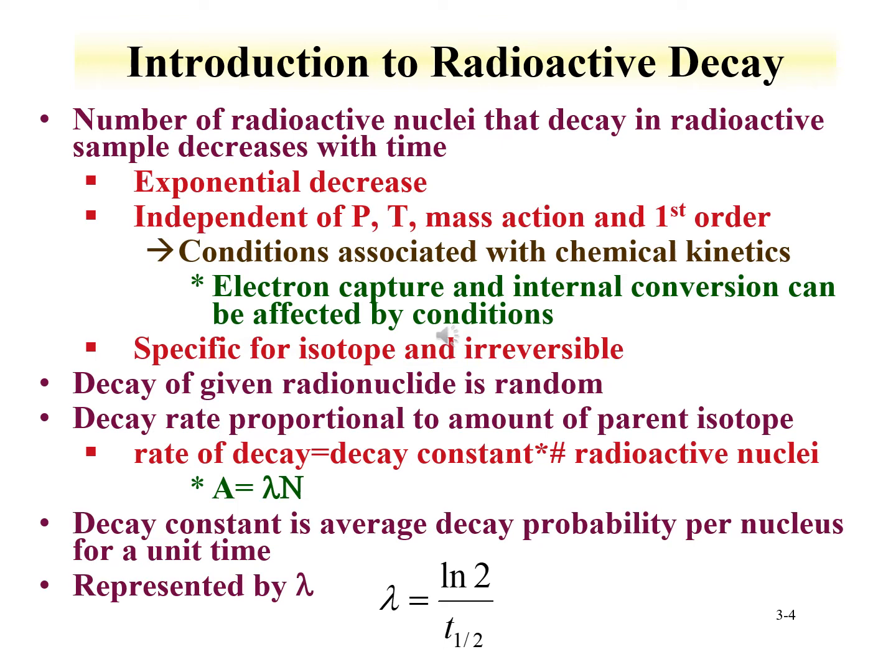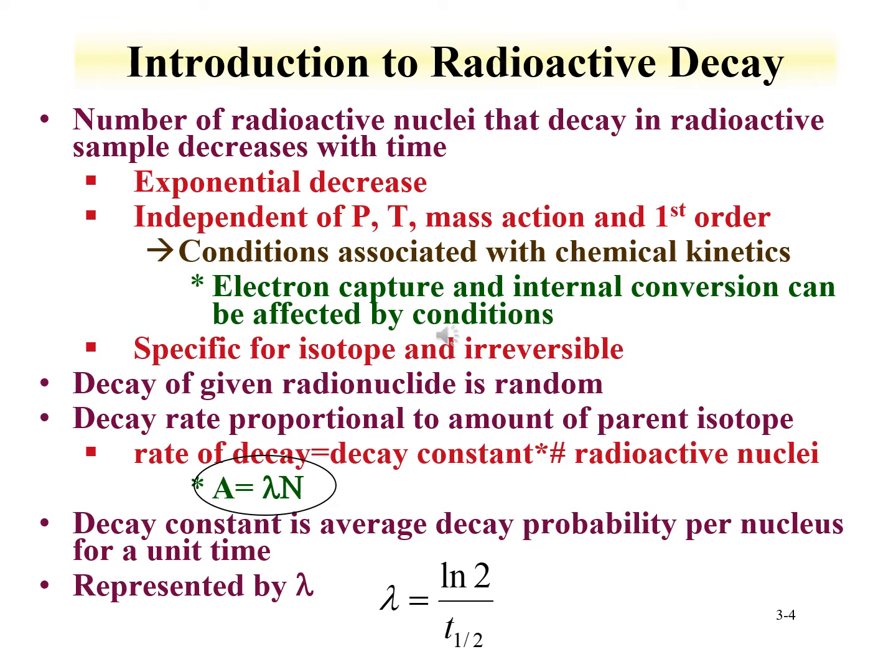When an isotope decays, that decay rate, that decay constant, which we show here and discussed earlier, is consistent. You don't get a reaction where something will decay by alpha and then go backwards and absorb that alpha. Radioactive decay is pretty specific. Now, the decay of a given radionuclide is random.